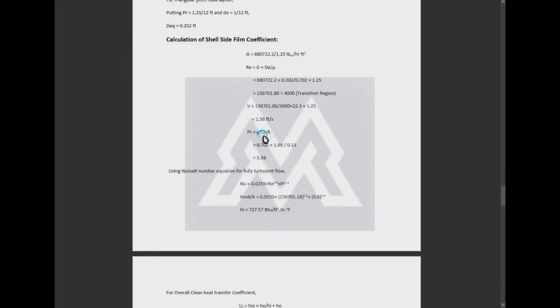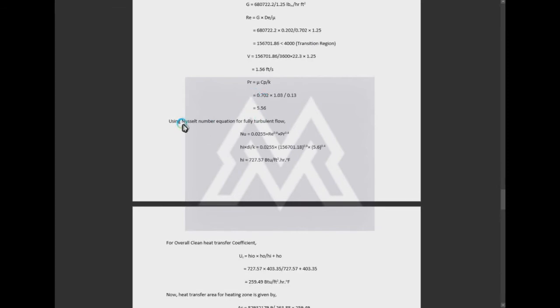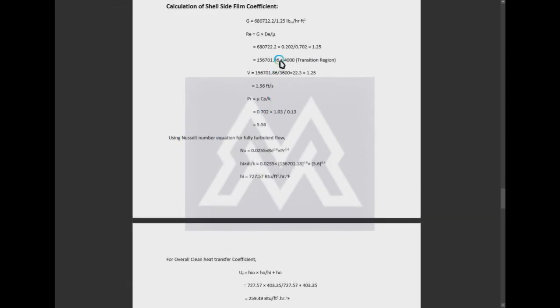Using the Prandtl number, mu Cp over K, it comes out to be 5.56. In this case, the Reynolds number is far greater than 4000. Oh, it is miswritten, it is actually greater.